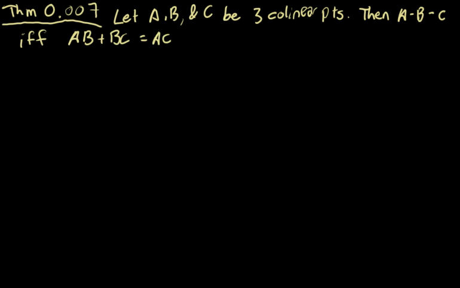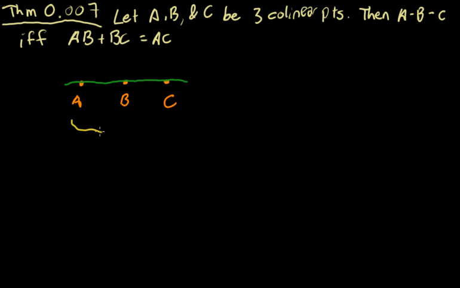It may look a little weird right there, but it's something that's pretty intuitive. At least I think it is. So we'll say we have 3 collinear points, A, B, and C, and we'll have a line running through them. Well, let's look at what our theorem is saying. We have B in the middle, then AB plus BC equals AC.